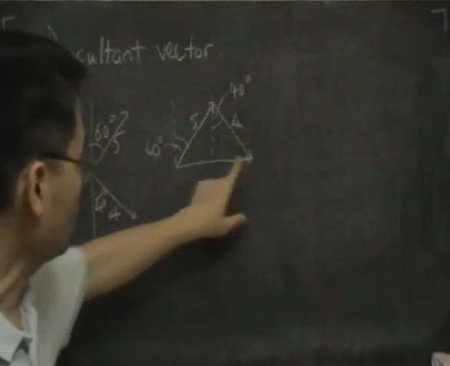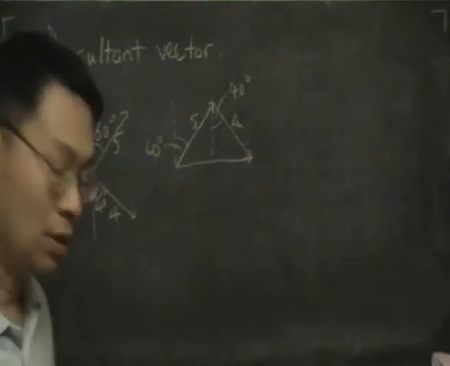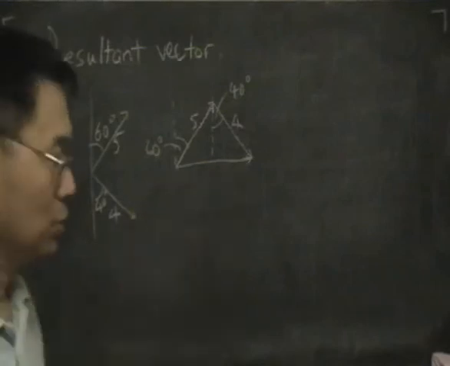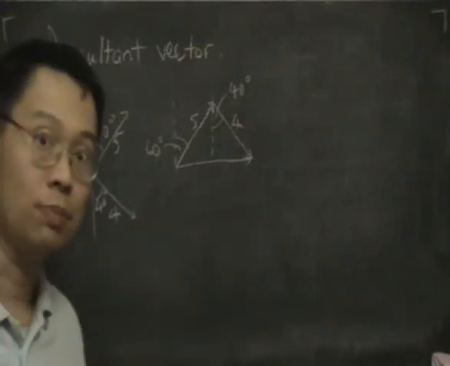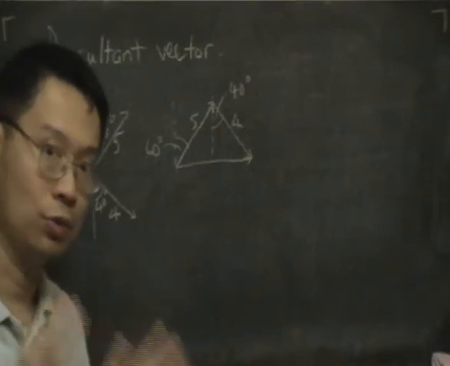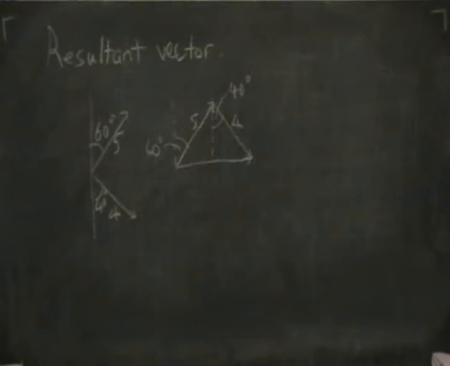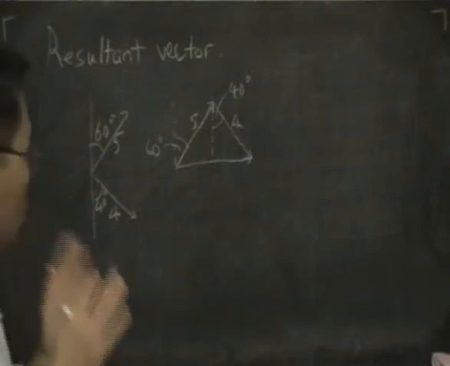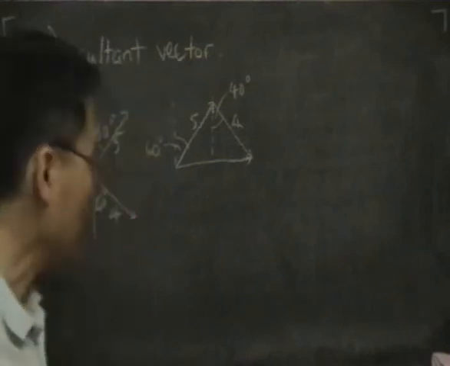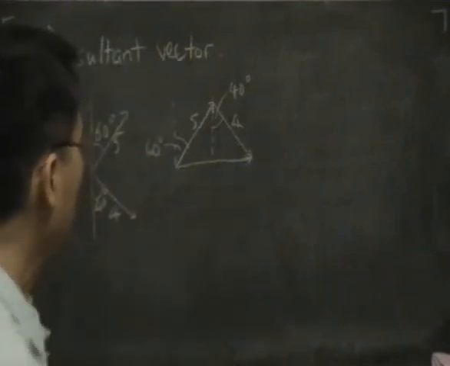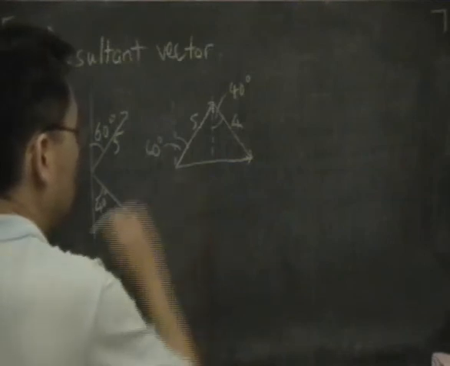The length of this arrow gives you the magnitude and the direction gives you the direction of the resultant vector, the resultant of adding those two. So once again, in order to find the answer, we must find the length and we must find the direction.